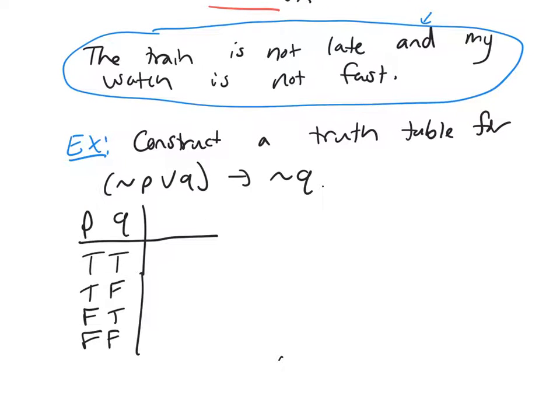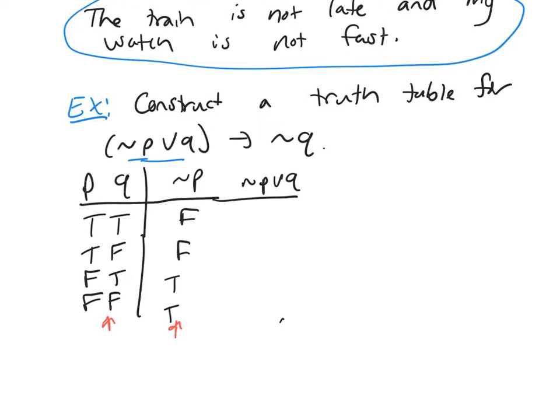So I'm going to start building up my form in the parentheses. So I need not P first. So you're going to flip the entries in P. And then I need to combine that with an or Q. Let's focus on not P in the Q column. There's an or between them, so it'll be true, false, true, true.